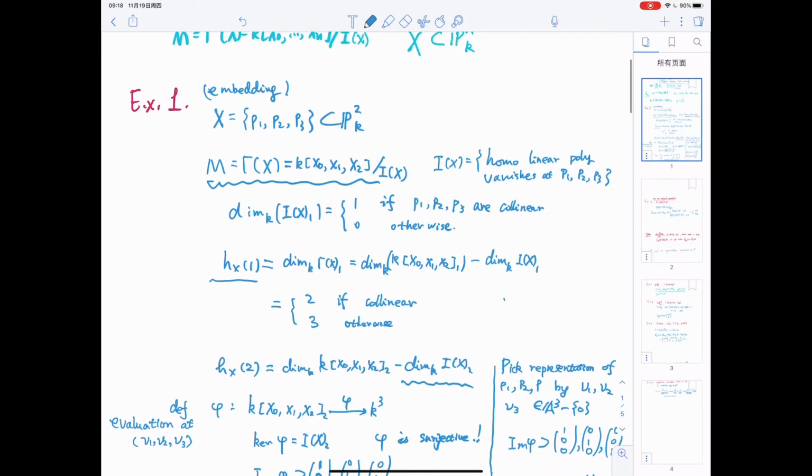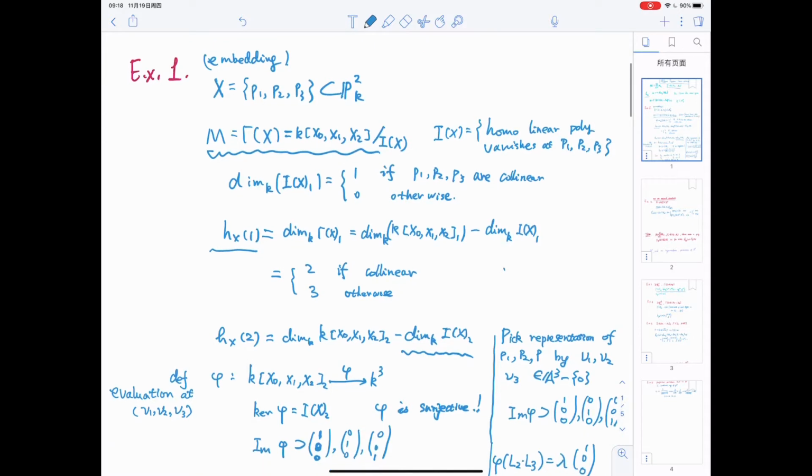We pick representatives v1, v2, v3 in affine space A^3 of the 3 points p1, p2, p3. And we define a map phi from k[x0, x1, x2] in degree 2 to the vector space k^3. Phi is given by evaluation at the points v1, v2, v3.